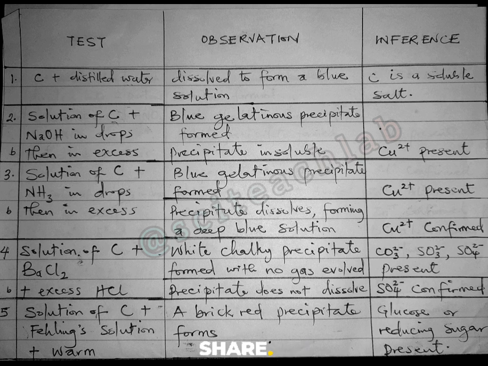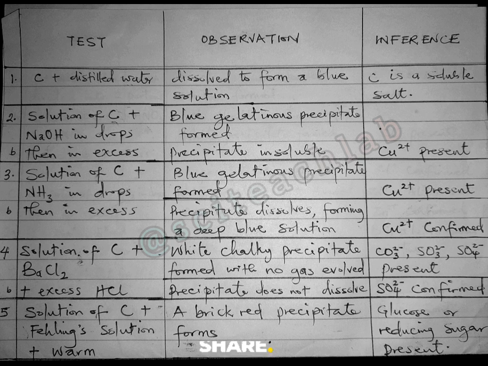Nothing happens until you start warming the test tube. In this case you are using a heat resistant test tube, because you know you are going to warm. So you put C and add Fehling's solution according to instruction, maybe 10 cm cube, about 2 cm cube, or in drops or whatever. Then you go to the Bunsen burner or whichever source of heat and warm the solution.